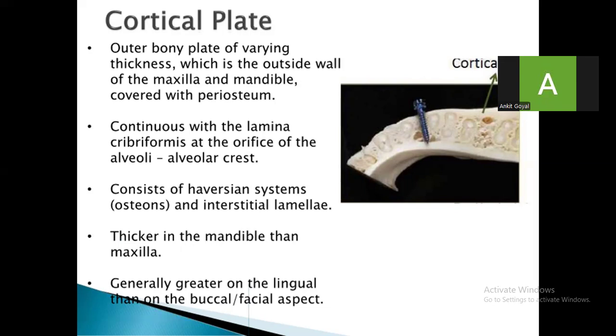This is continuous with the lamina cribriformis at the orifice of the alveoli, that is the alveolar crest. This consists of Haversian systems and interstitial lamellae. This is thicker in the mandible than maxilla and generally greater on the lingual than on the buccal or facial aspect.